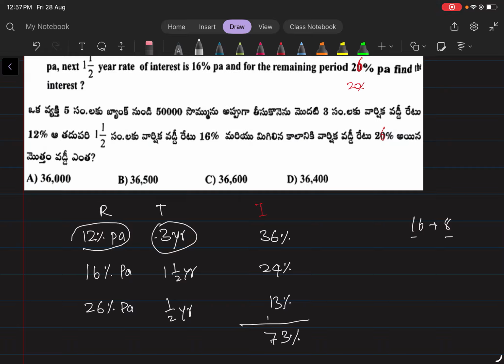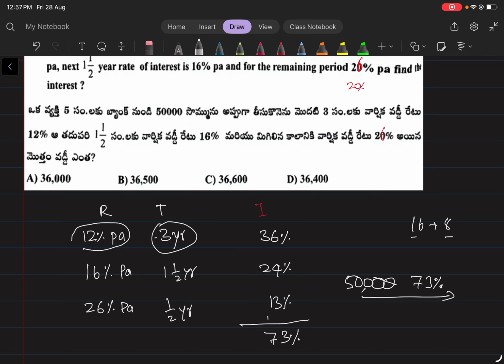So the total amount was 50,000. From the 50,000, what is 73%? How do we calculate 73%? To calculate any percentage, just remove 2 zeros and multiply.